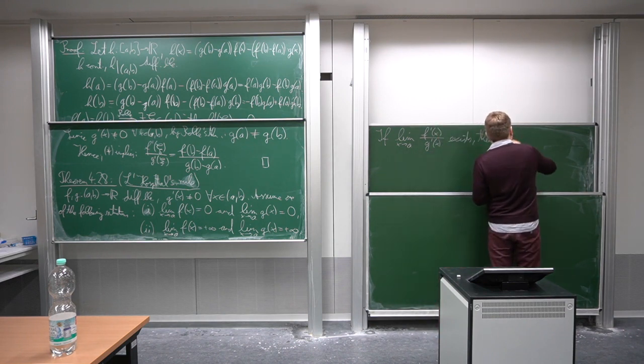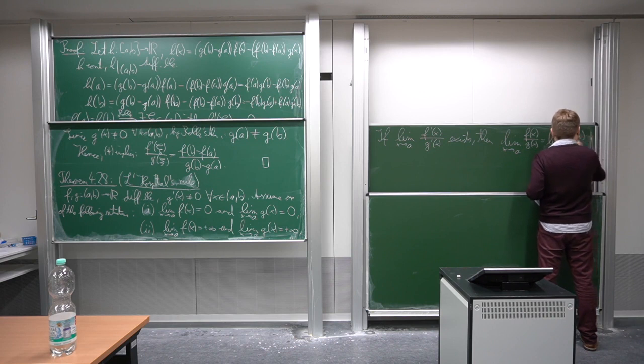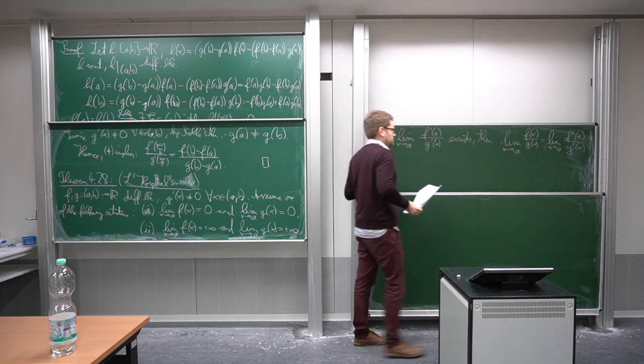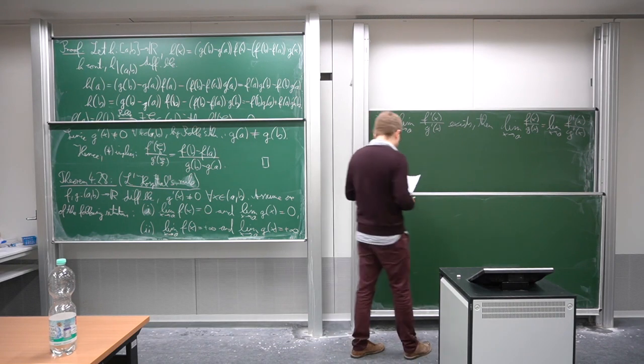Then the limit of x going to a of f of x divided by g of x is the same as the limit of this quotient of the derivatives. This gives us real possibilities to compute limits we otherwise couldn't, as we shall see in an example later on. But first we have to prove this.